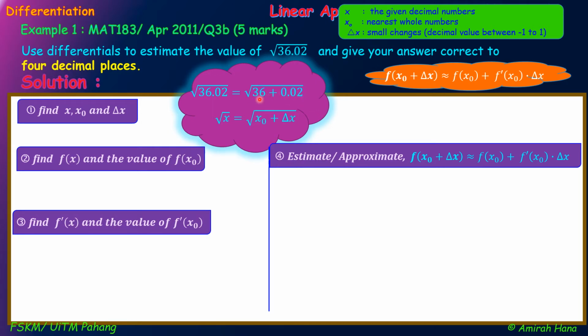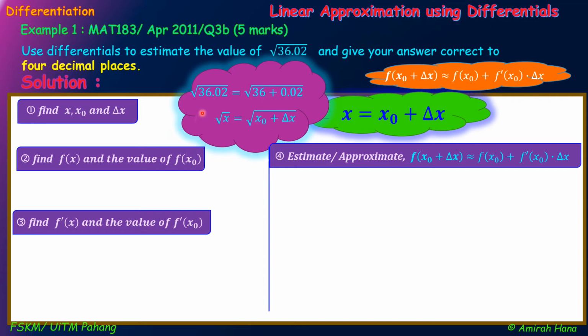The nearest whole number to 36.02 is 36, and to get back 36.02, we must add 0.02. So x equals x naught plus delta x: 36.02 equals 36 plus 0.02.